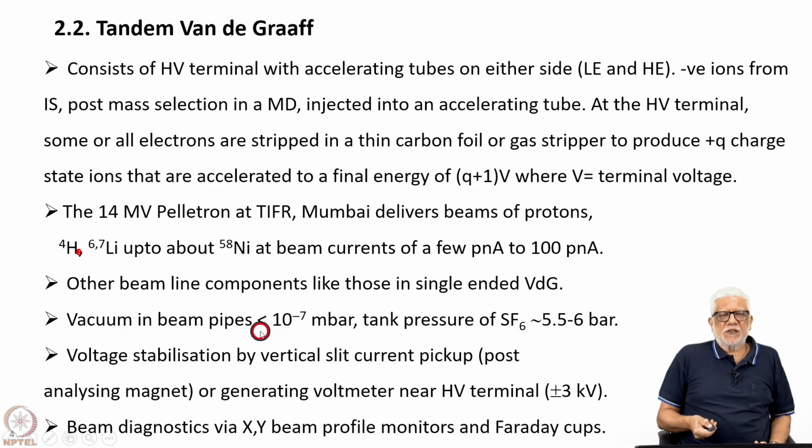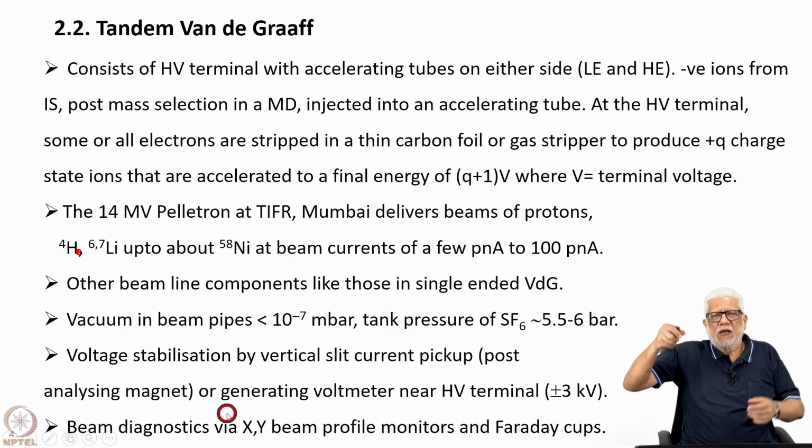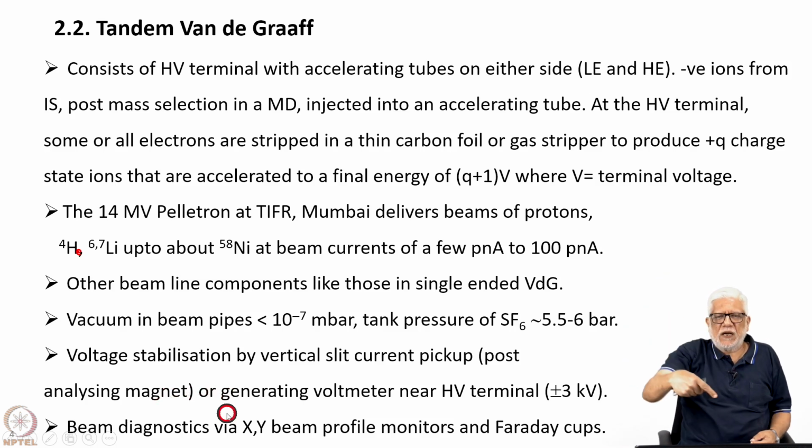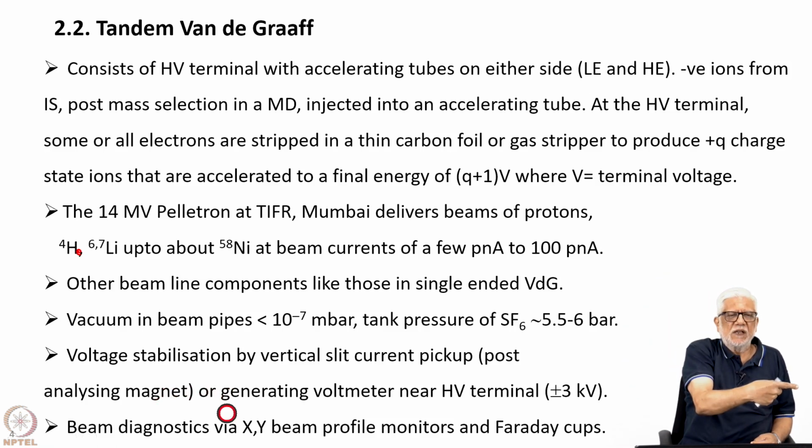The voltage stabilization: since these are DC machines, they have a particular advantage in that the beam energy is known very precisely. This is done by a so-called vertical slit current pickup post the analyzing magnet. As the beam comes down, the analyzing magnet bends it by 90 degrees, and the high energy beam falls on the lower vertical slit. The low energy part of the beam falls on the upper slit.